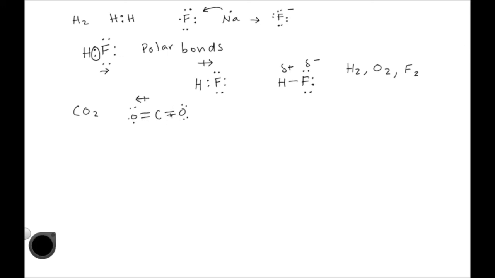And for this carbon-oxygen bond, there's going to be another arrow pointing to the right towards the oxygen because it's more electronegative, and therefore this oxygen is going to draw the four electrons in this double bond towards itself, right? So the electrons are going to spend more time around these two oxygens than they are going to spend around the carbon in the center. And so therefore we're going to have one arrow for each bond.